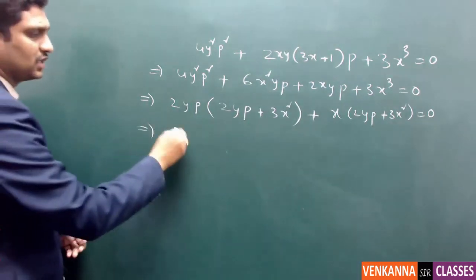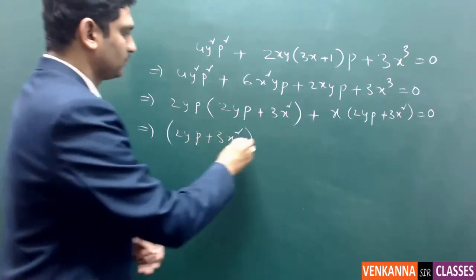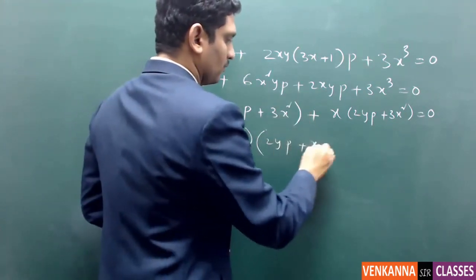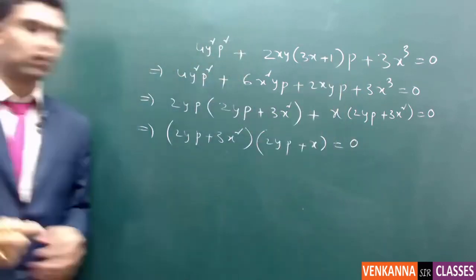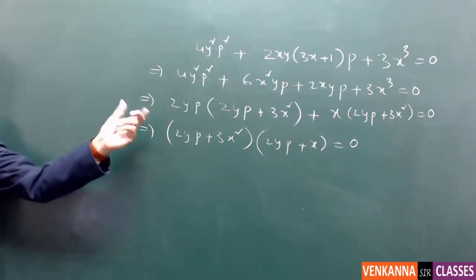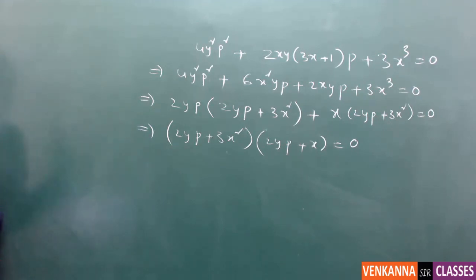So which gives that 2yp plus 3x square into 2yp plus x equal to 0. Please check. Right. So on the whole, I just have written the terms. You can say we have rearranged the terms so that taking the terms common is possible.